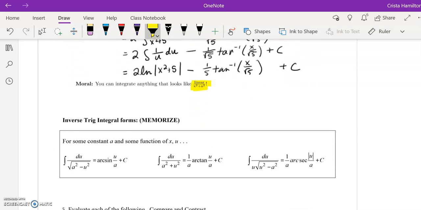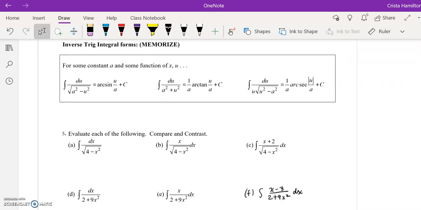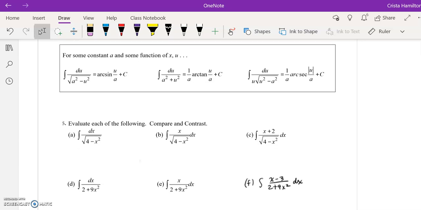So keeping that in mind, in the last little bit of this set of notes, let's remind ourselves of the inverse trig integration forms, and look at the 3 that I have. Let's look down here at number 5. I'm not going to work these completely, but I'm going to show you what I'm looking at. If you see something like the first one, a constant over square root of a squared minus u squared, that's going to be an inverse sine function each time.